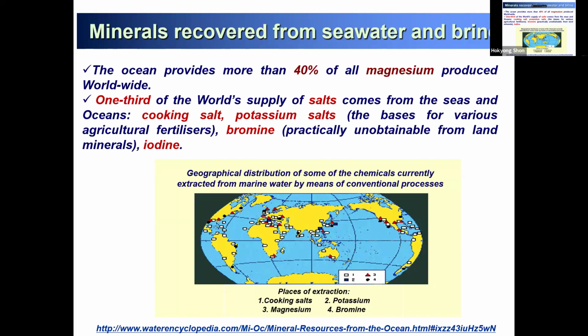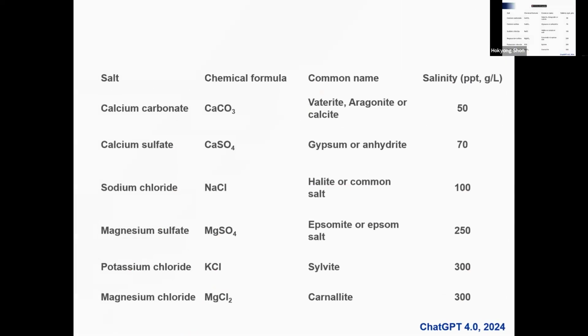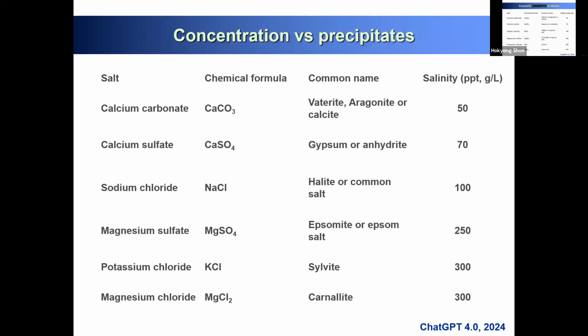Also, 1/3 of the water supply of salt comes from the sea, and cooking salt, potassium, like agricultural fertilizer. You can produce fertilizer compound from seawater, also bromine, iodine. Yep. So this is the concentrate precipitate.